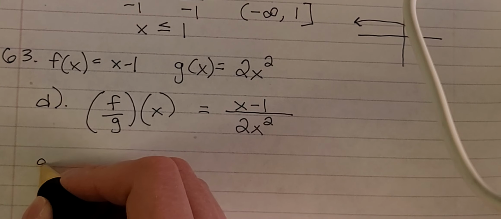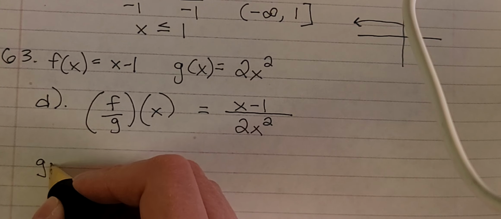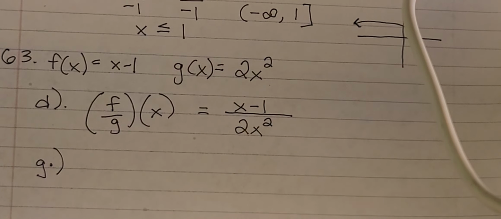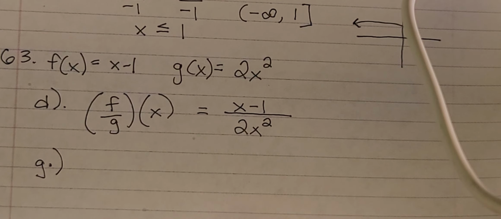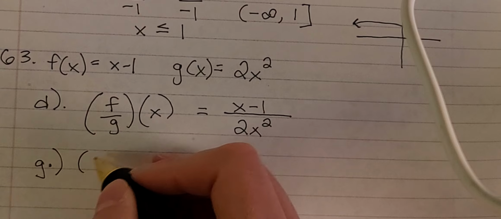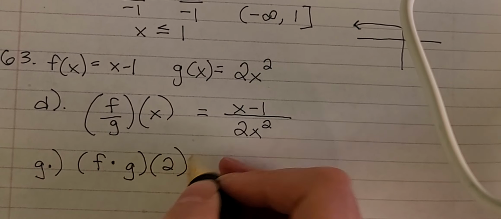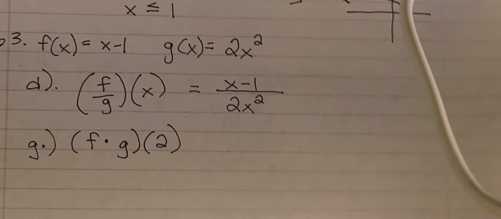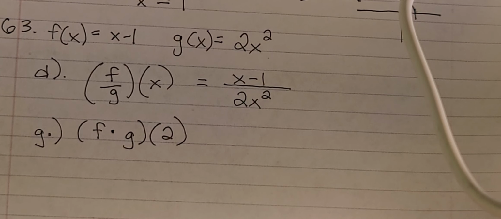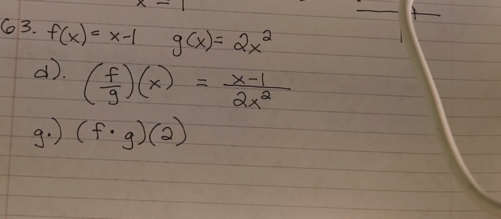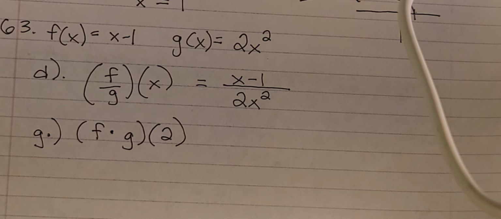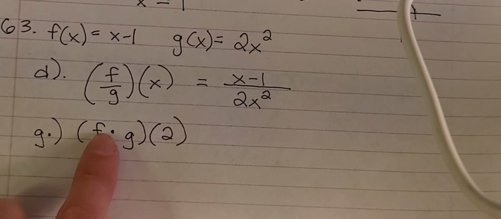Okay, g says f dot g of 2. All right, so the first thing that you have to do is this part here.